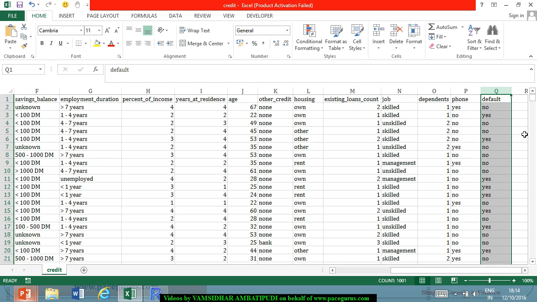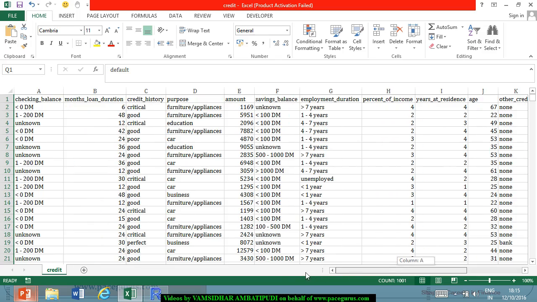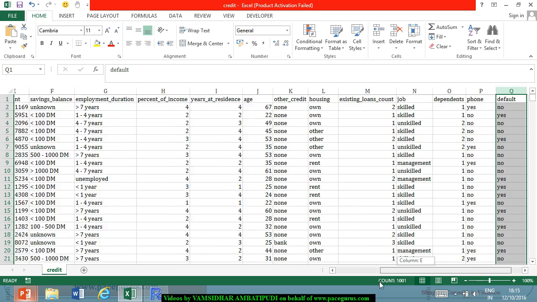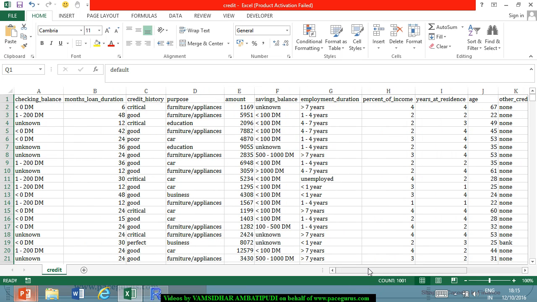So historically the bank took 1,000 records, noting whether they defaulted on the loan or not, and wants to find the relationship between the default and these various attributes.